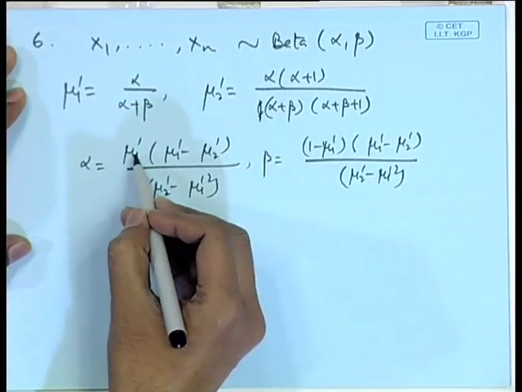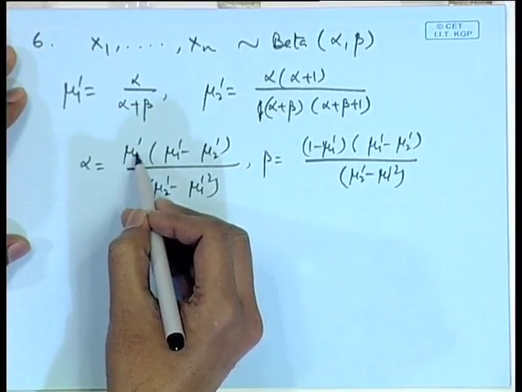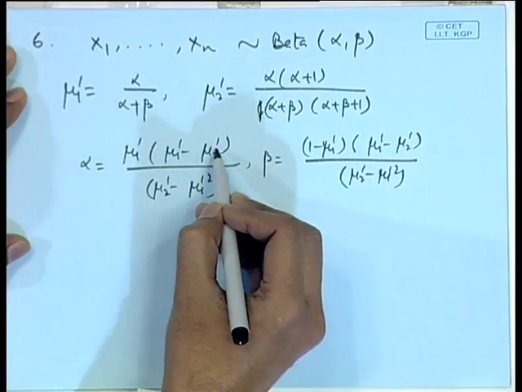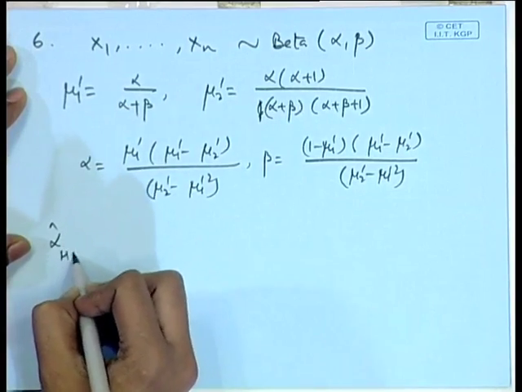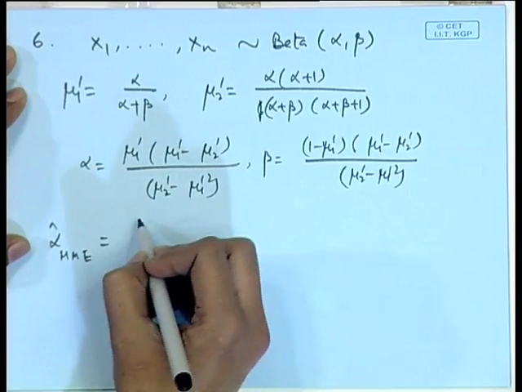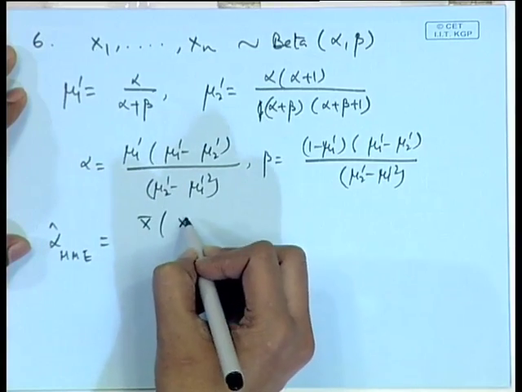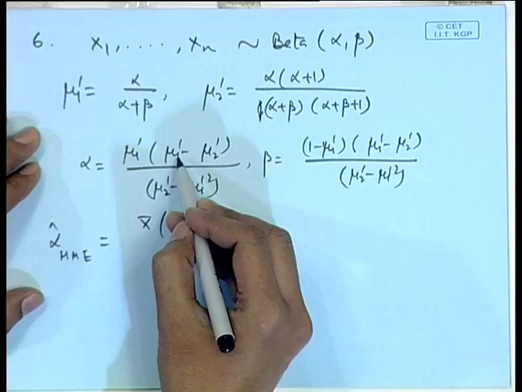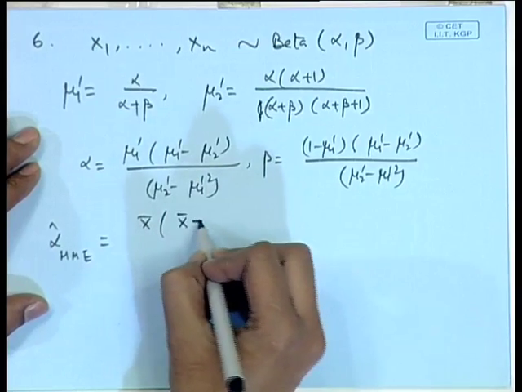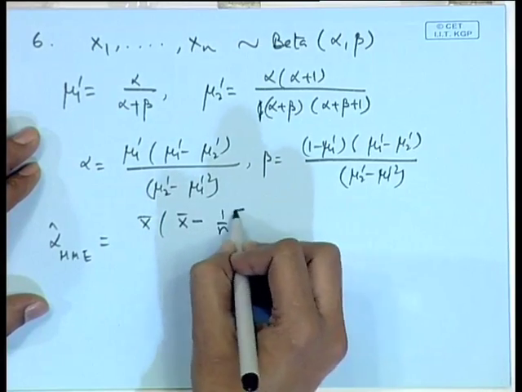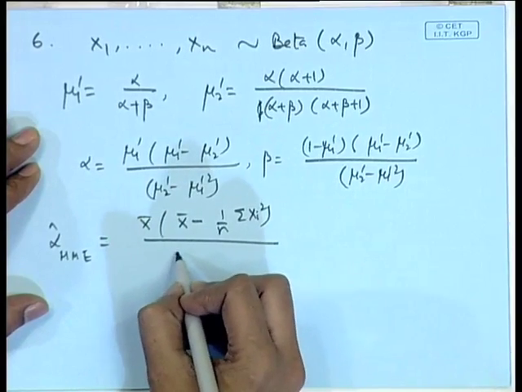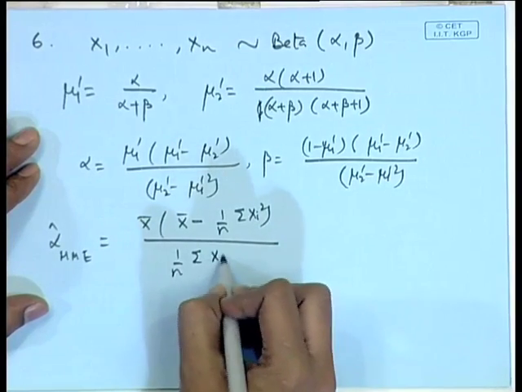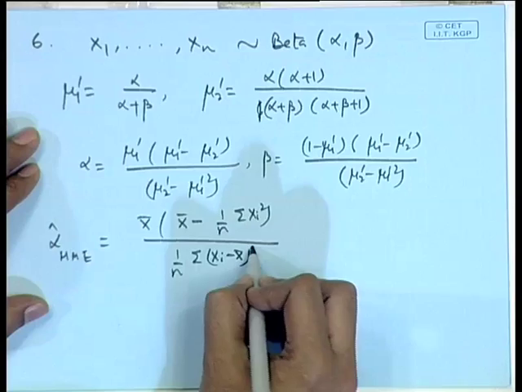So, substituting x bar for mu 1 prime and 1 by n sigma x i square for mu 2 prime, we get the method of moments estimators as alpha hat MME equal to x bar into (x bar minus 1 by n sigma x i square) divided by 1 by n sigma (x i minus x bar) whole square.